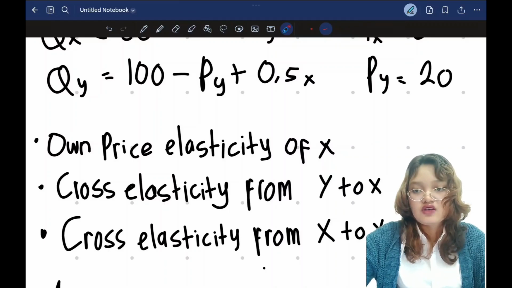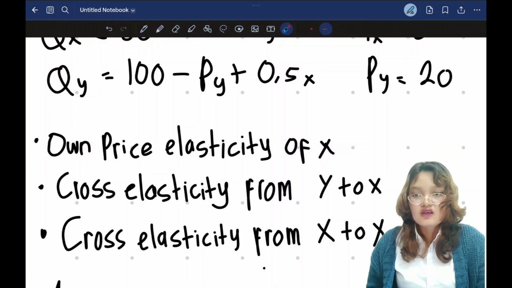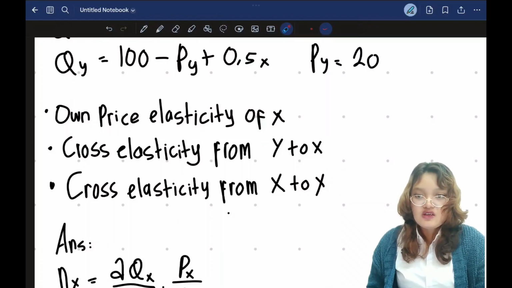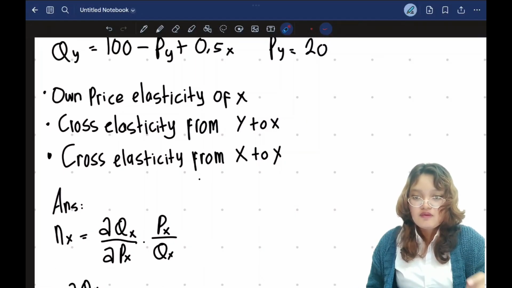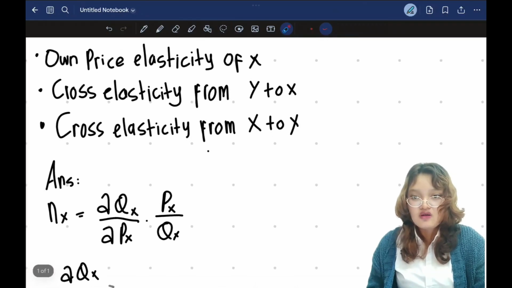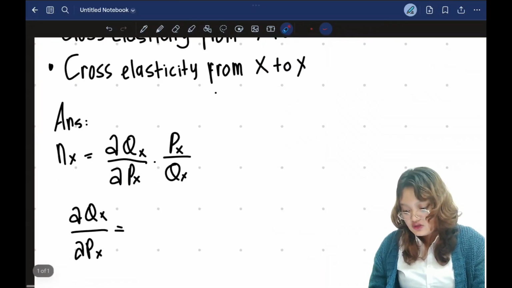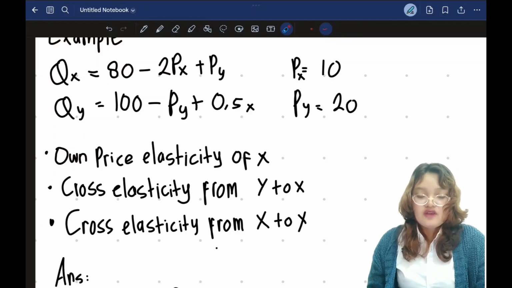We are given two demand functions: Q sub X equals 80 minus 2P sub X plus P sub Y, and Q sub Y equals 100 minus P sub Y plus 0.5 P sub X, where Q sub X is the quantity of good X, Q sub Y is the quantity of good Y, P sub X is the price of X, and P sub Y is the price of Y.